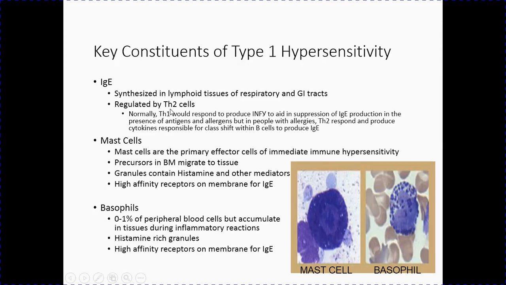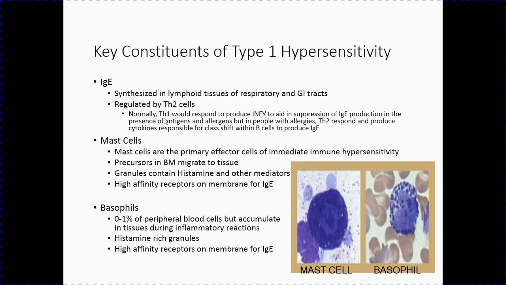So let me back up and tell you that under normal circumstances of an immune response, the presentation of antigens, those antigenic peptides that get digested by antigen-presenting cells and then get complexed to MHC complex 2, that MHC2 antigen structure, when it's presented by the APC, is normally presented to T helper 1 cells.